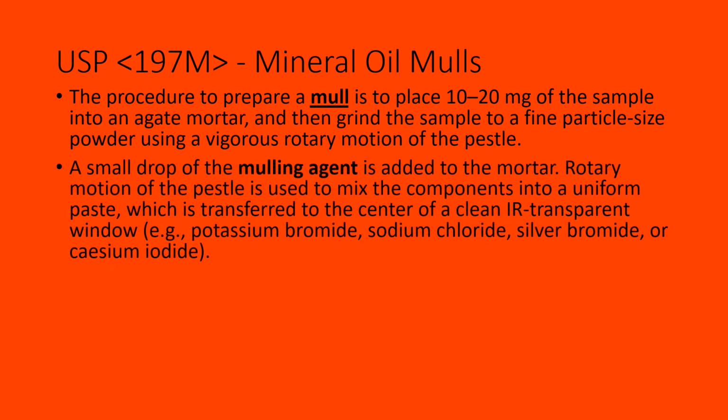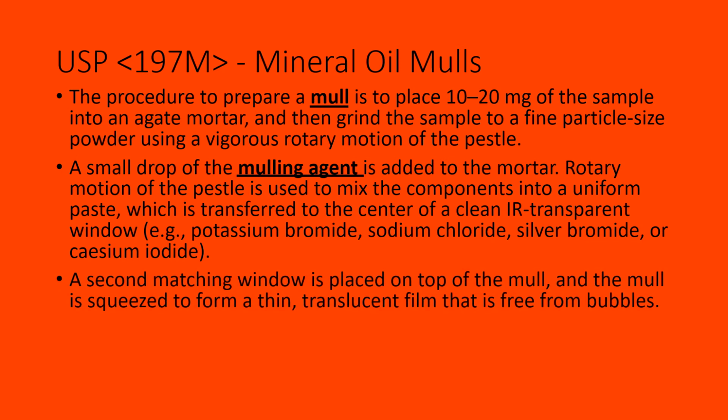A small drop of the mulling agent is added to the mortar. Rotary motion of the pestle is used to mix the components into a uniform paste, which is transferred to the center of a clean IR transparent window, for example potassium bromide, sodium chloride, silver bromide or cesium iodide.